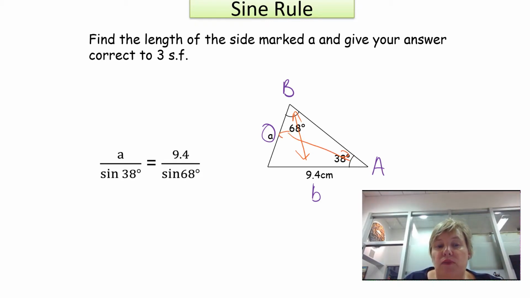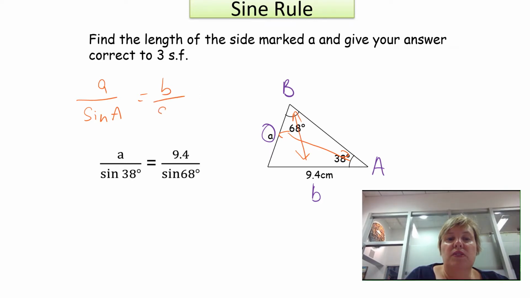Now, I am looking for a side, so I'm going to use the side version on top. So that means I'm going to have a over sine A equals b over sine B. Now, I don't need the C's because nobody cares about that third set at all, so I'm just going to use the first two pieces.